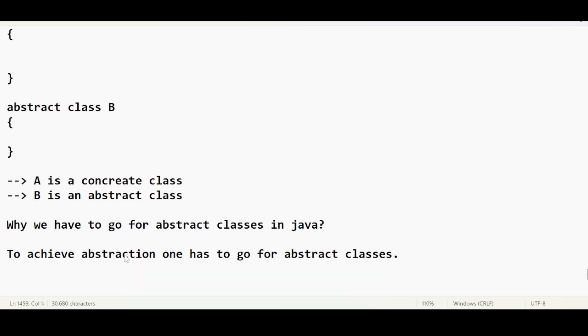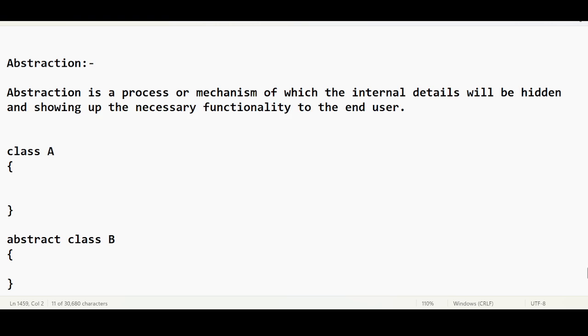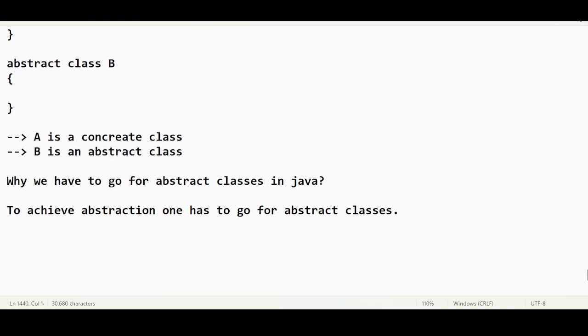Again, what is abstraction? The process or mechanism of hiding the internal details and showing the necessary functionality to the end user. So to achieve abstraction, we use abstract classes. Please be informed that these words may look new today, but from tomorrow these words will look familiar. So stay focused and get used to these words.